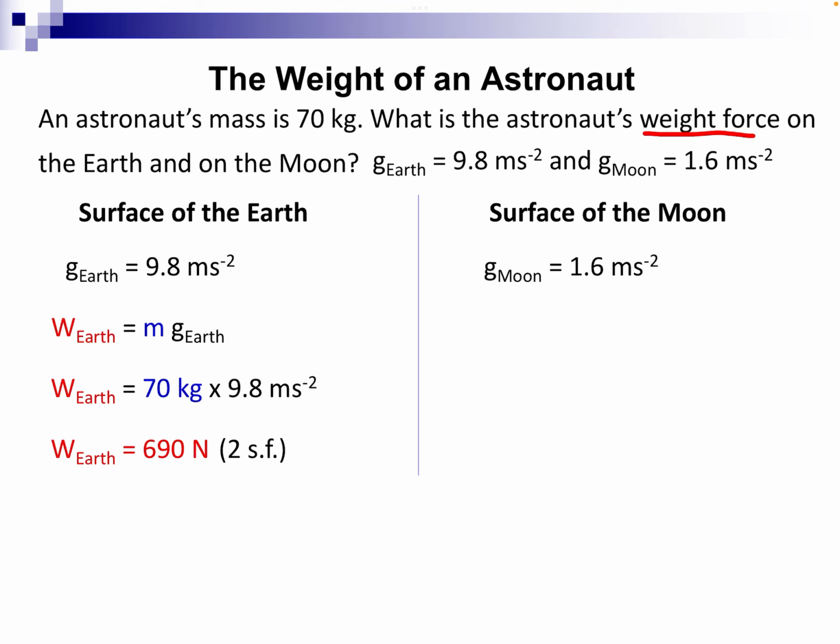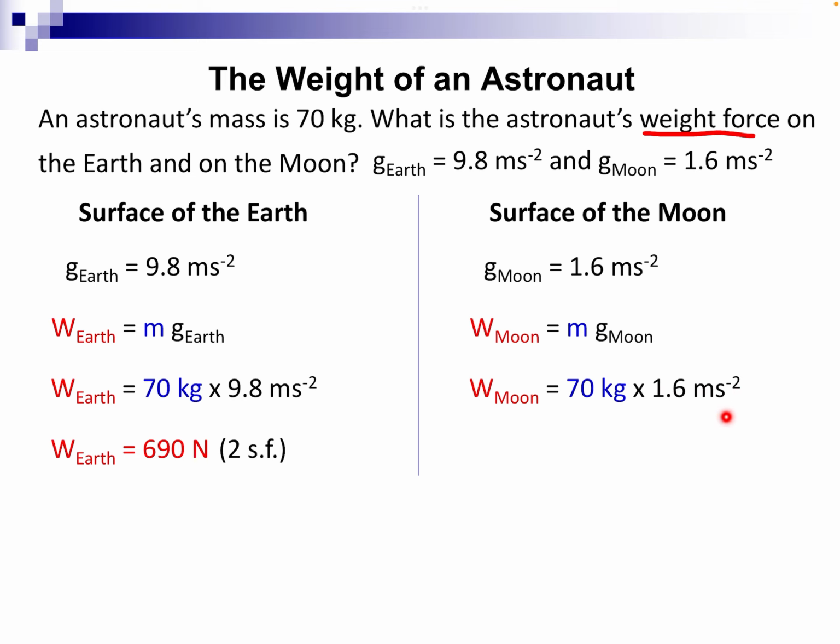If the astronaut goes to the surface of the Moon, the weight force is still calculated as the mass of the astronaut times gravitational acceleration, but this time we use the gravitational acceleration on the surface of the Moon. The mass is always the same regardless of where the astronaut is. So the mass of the astronaut will still be 70 kilograms on the surface of the Moon.